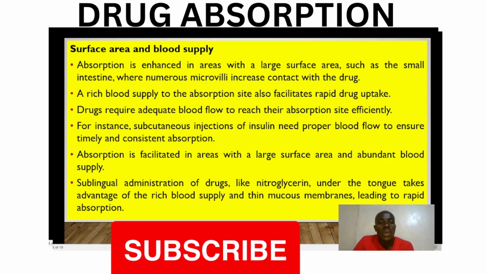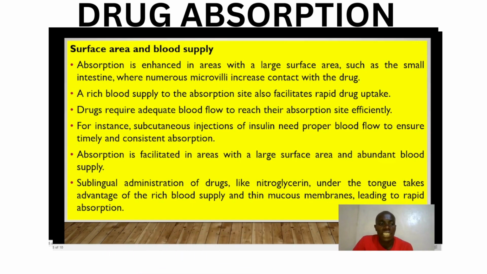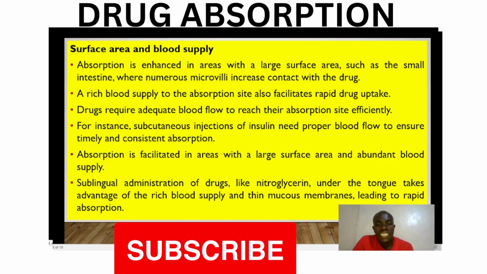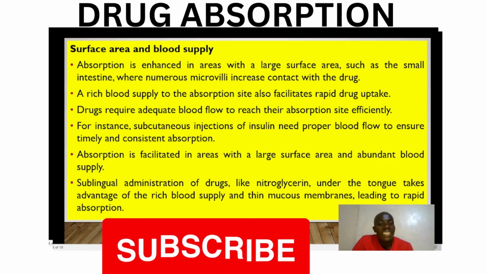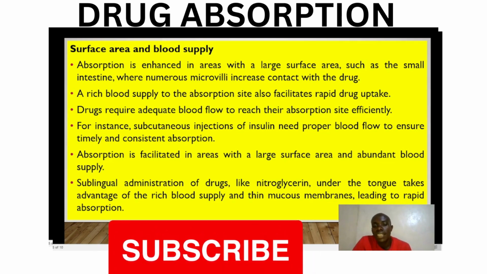Drugs require adequate blood flow to reach the absorption site efficiently. For example, subcutaneous injections of insulin need proper blood flow to ensure timely and consistent absorption. So absorption is facilitated in areas with a large surface area and abundant blood supply.